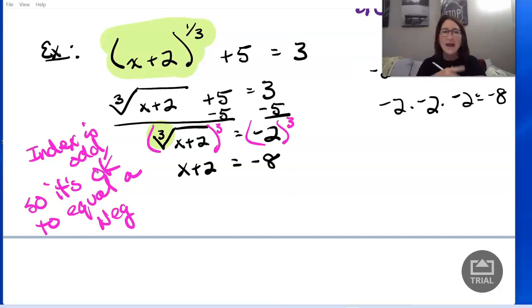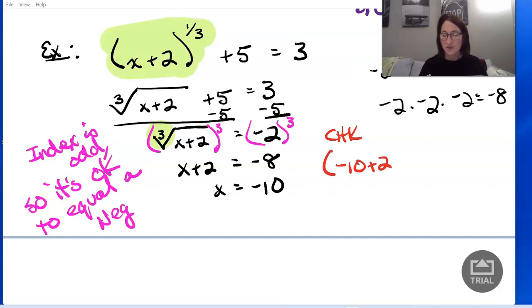Now I'm going to subtract 2. I get x equals -10. If I substitute that -10 in to check my equation, let's see what happens. That's going to give me -10 plus 2 to the 1/3 plus 5 equals 3.